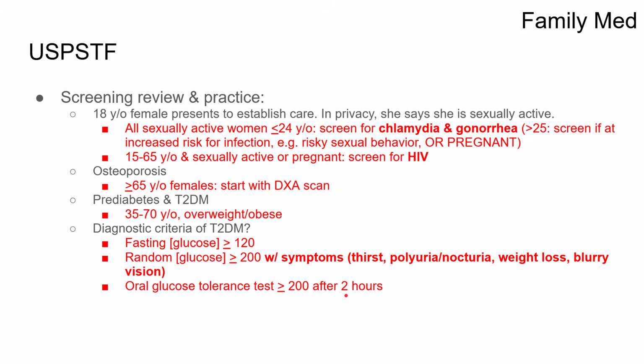But I'll make a comment here on why it's at least 200 and after 2 hours. It's a very similar concept to the random blood glucose, in that anybody that gets a glucose load will have an elevated blood sugar. But in this case, the glucose tolerance test is at least 200 after 2 hours. In a normal person, they've had the glucose and then they're producing insulin and their body is responding to the insulin, so they're clearing the glucose.